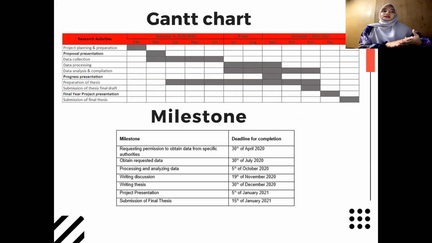And this is the Gantt chart of this study. The proposal presentation we present in March, and then the progress presentation, the final year project presentation, and milestones are the same as in the Gantt chart.